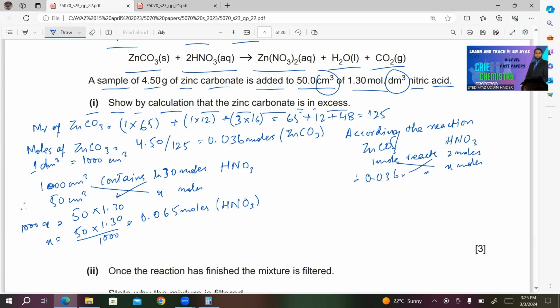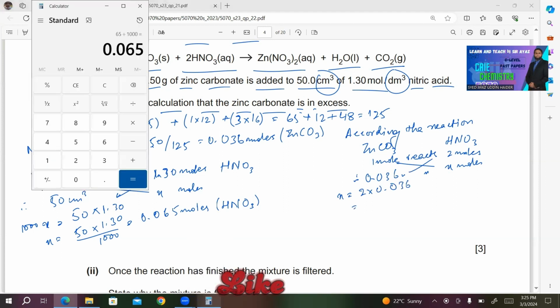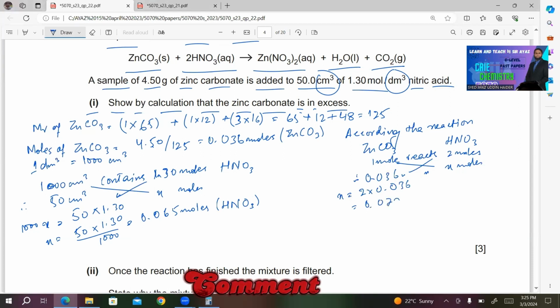Do the cross, we will get X is equal to 2 multiplied by 0.036. This will give us the reacting moles of HNO3. 2 multiplied by 0.036, and we will get 0.072 moles of HNO3.